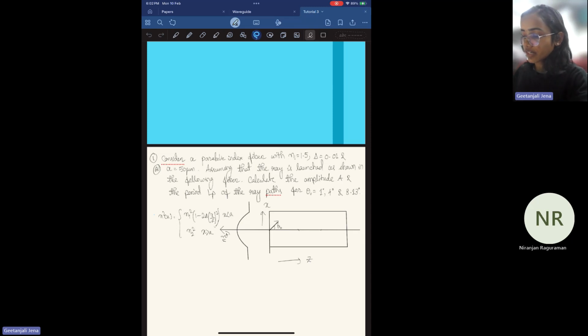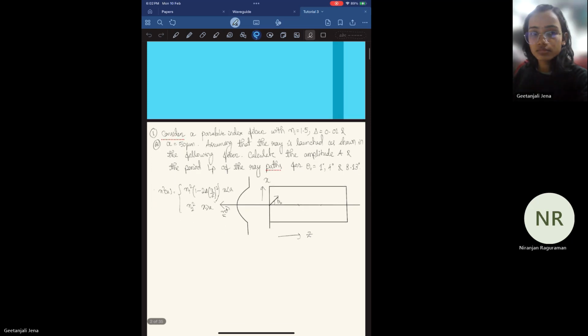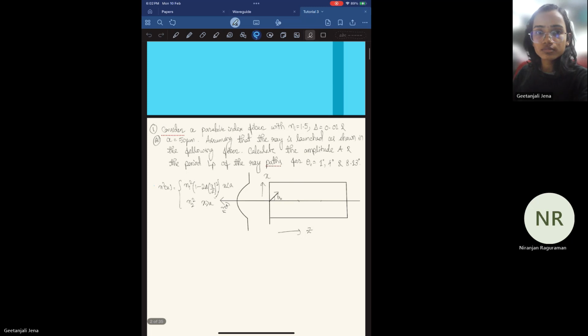Let us see what we have in question one. It's about a parabolic index fiber with refractive index n1 of 1.5, delta 0.01, and core radius 50 micrometer.